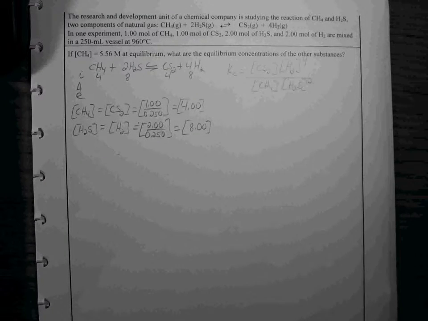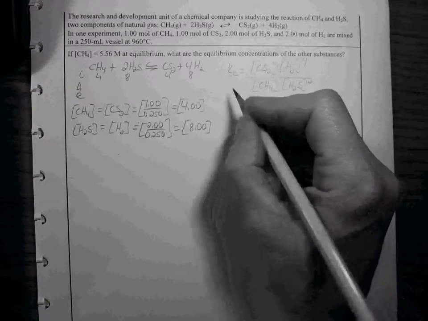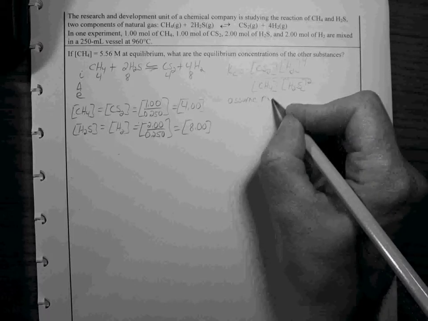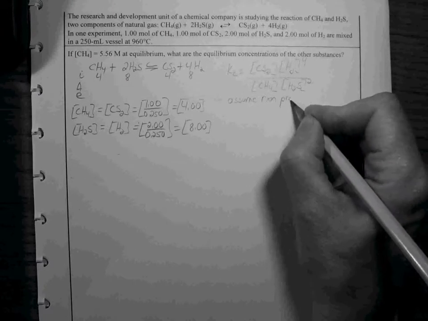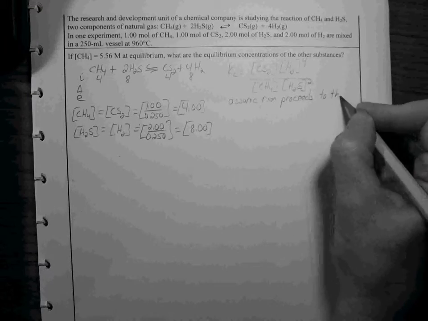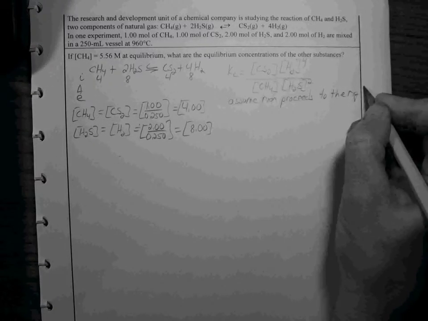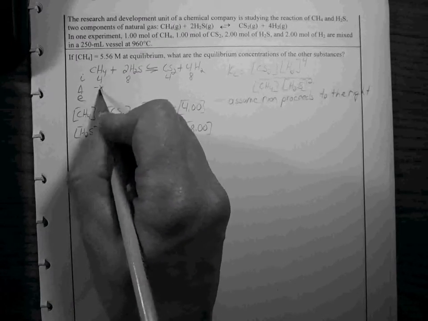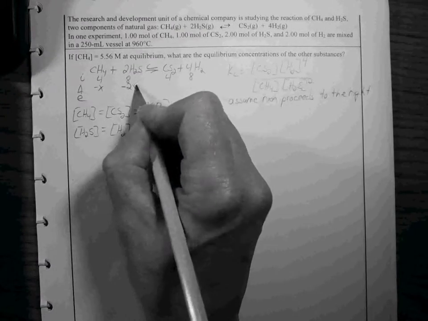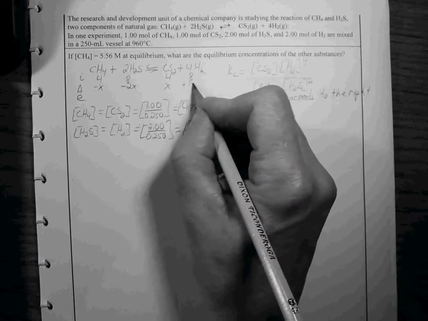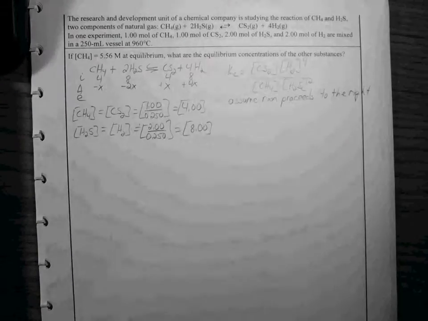Alright, so for our ice table, we're going to assume that the reaction proceeds to the right. So we would lose X and 2X of our 2 reagents, gain X and 4X of our products.